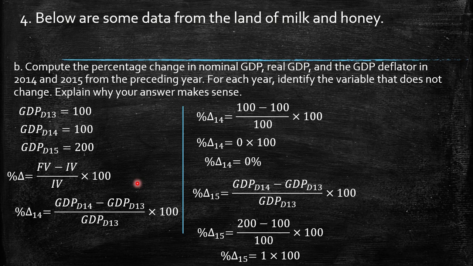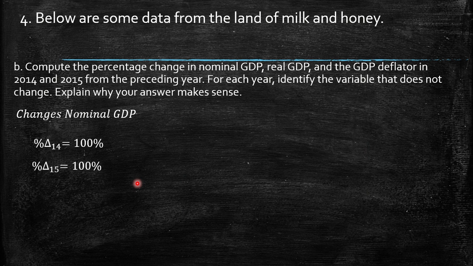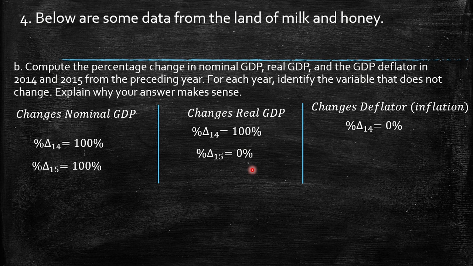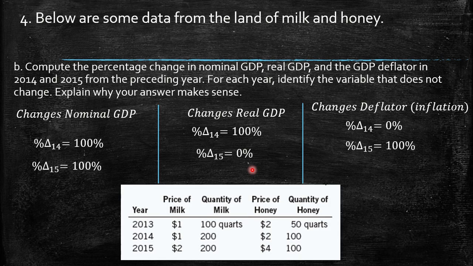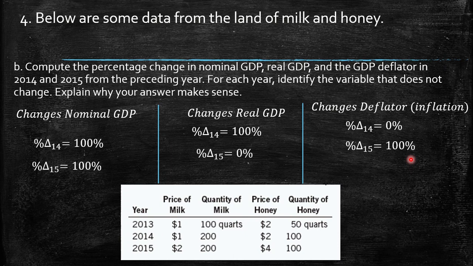And then for 15, we have 100%. Then let's summarize. We have an increase for the nominal GDP of 100% each year, and for the real GDP we have an increase for 14 and 0% for 15, and for the deflator we have 0% and 100%.